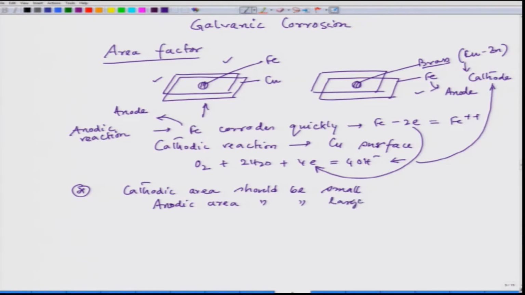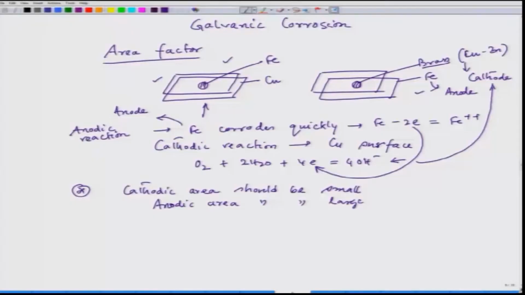In that case the galvanic effect would be felt less severely. This is a very important factor, and we would talk about this area effect again when we talk about intergranular corrosion. There also the area effect would be severely felt.